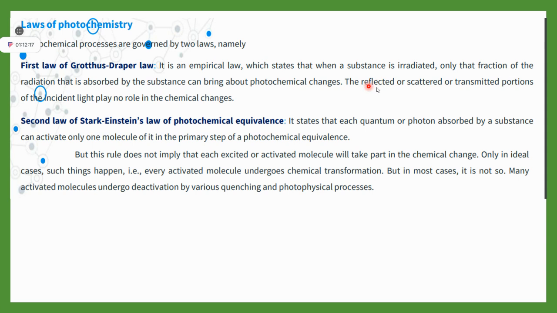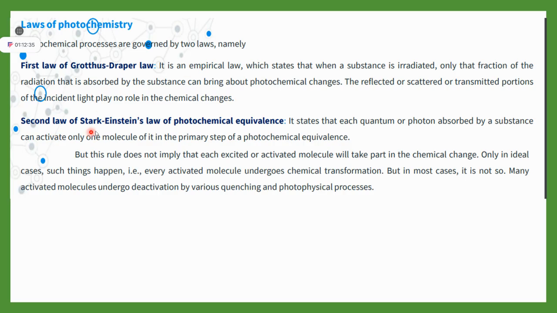The light which is reflected or scattered or transmitted plays no role in chemical changes. It is obvious that whatever light the molecule absorbs, only that is responsible for its chemical change.